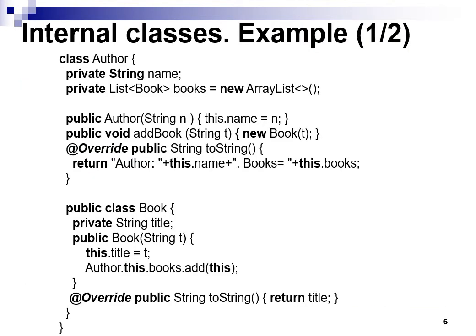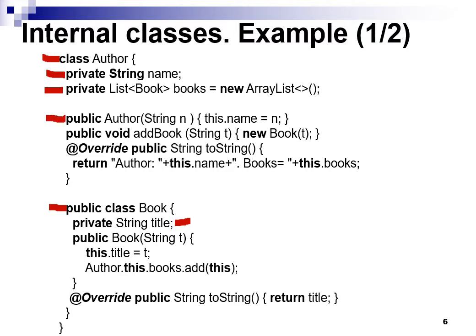Right, this is an example of the use of an internal class where we define a normal class Author, which has a name and a list of books that he or she has written, and then the class Book is defined as an internal class. This class has an attribute title and a constructor.